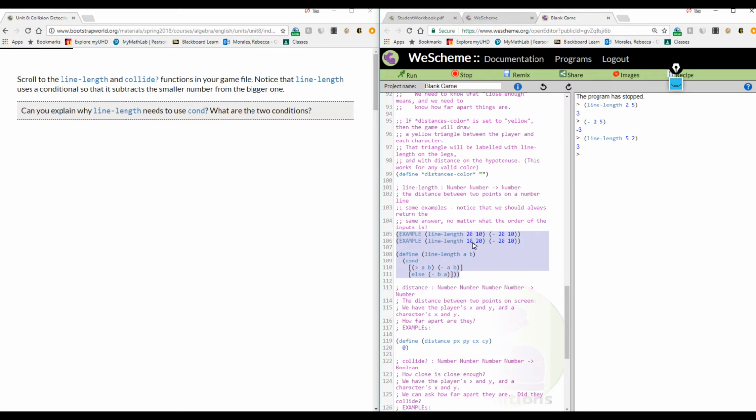They gave you 20 10, 10 20. Define, so this is your function name, variable, variable, then a conditional, meaning we have two possibilities because I'm seeing two clauses. Basically, if A is greater than B, then it will do A minus B. Or else, it will do B minus A. So let's consider the example of 2 and 5 that we just used.